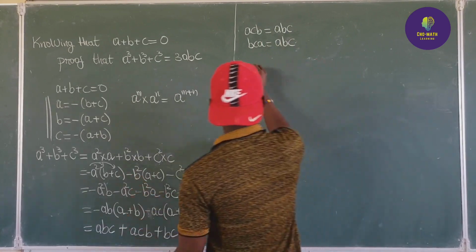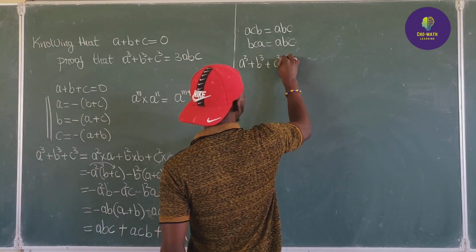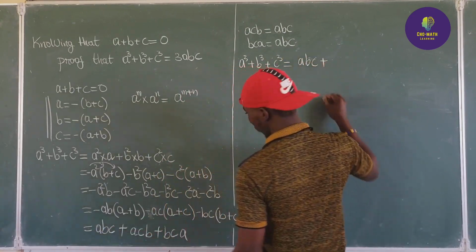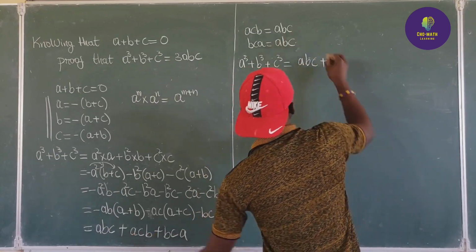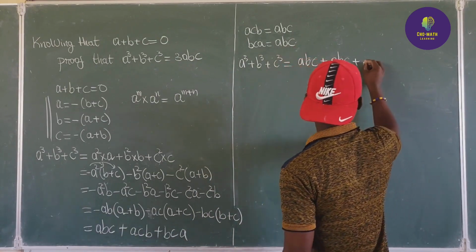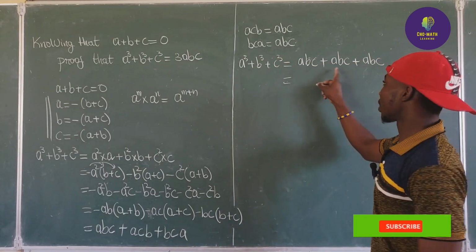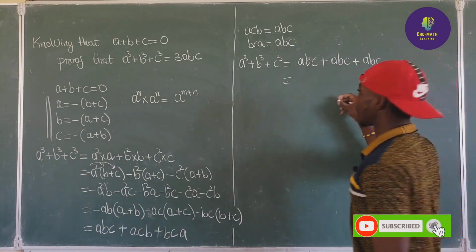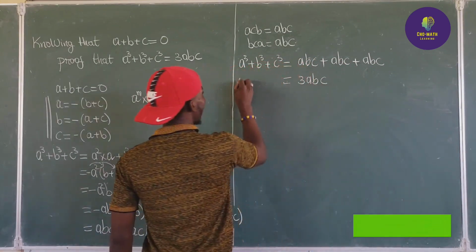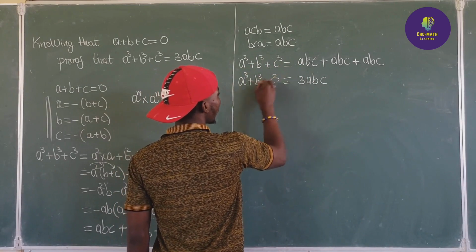So a cubed plus b cubed plus c cubed will be equal here to abc plus, I'm going to replace this by abc plus abc, and this also by abc plus abc. That's abc one time, abc two times, abc three times. That's 3abc. So finally, we have the proof that a cubed plus b cubed plus c cubed is equal to 3abc.